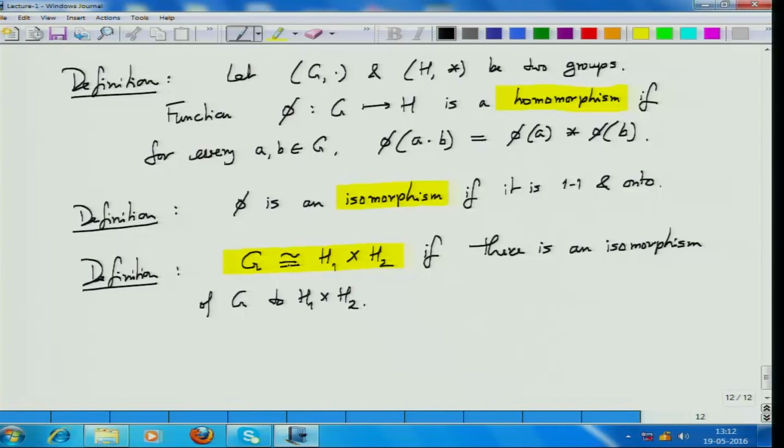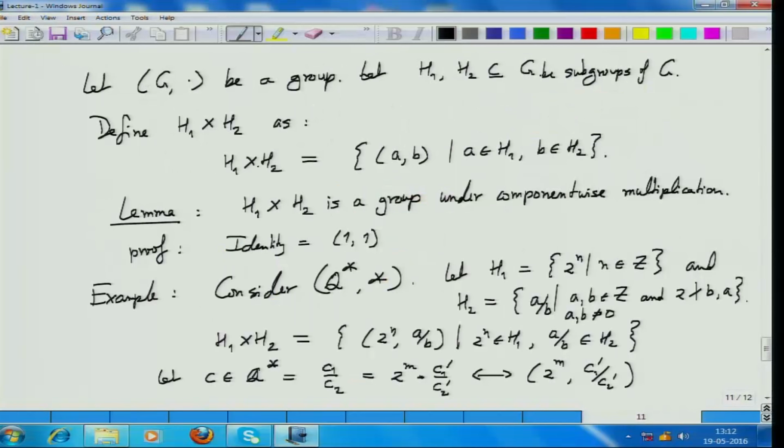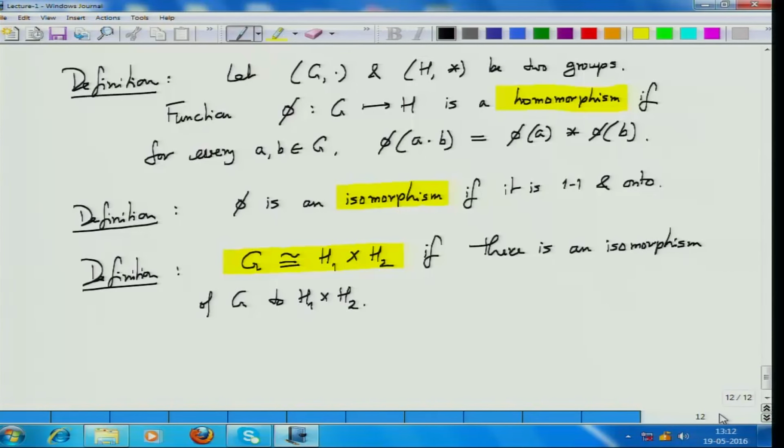We will write an equal to sign with a tilde on top, and this designates that the two groups are isomorphic to each other. And this is with respect to the previous product definition, that H1 cross H2, as we had defined, H1, H2 being subgroups.